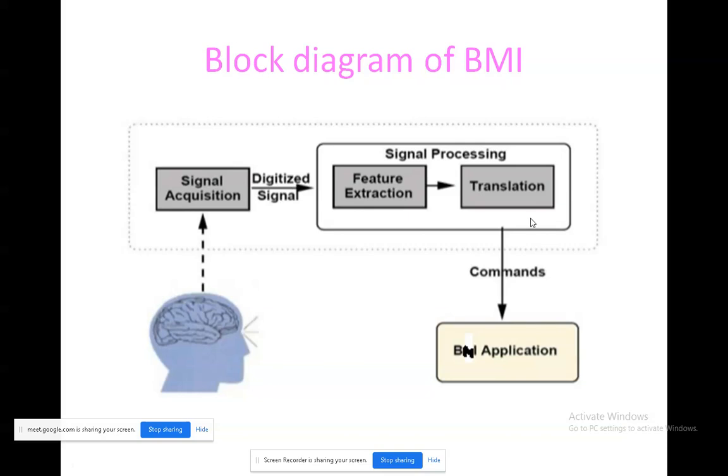Anything you can do in the signal processor, and that will give the command to a different application. The application is not only a wheelchair, it can control any device, by giving the command based on collecting the thinking of the human being.